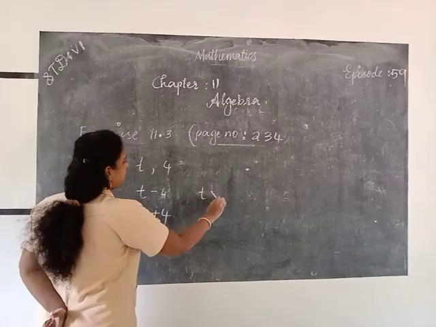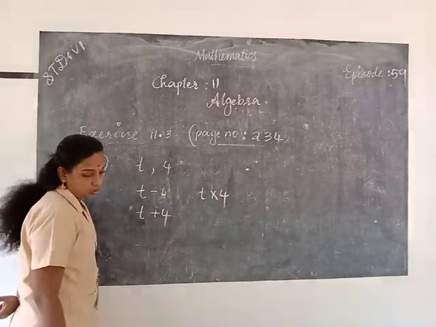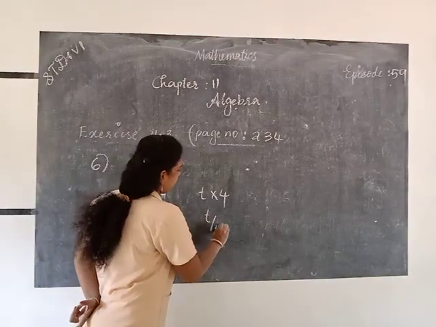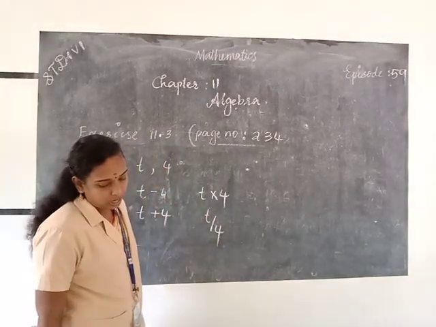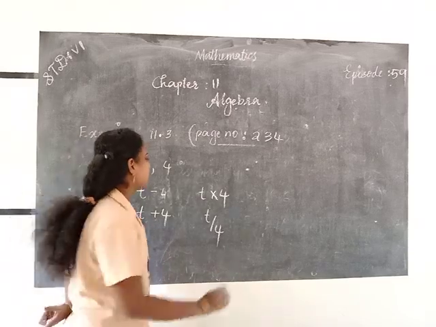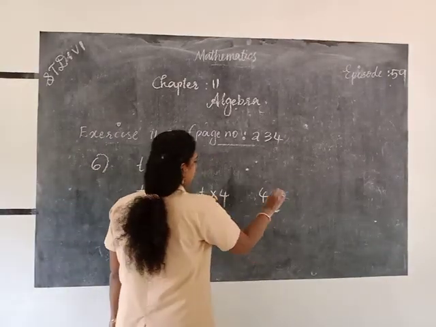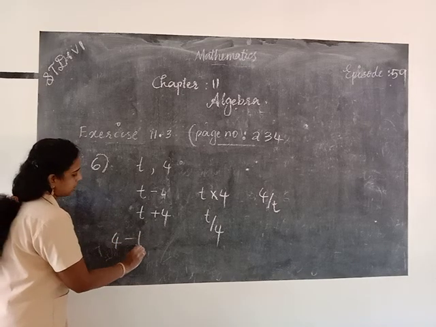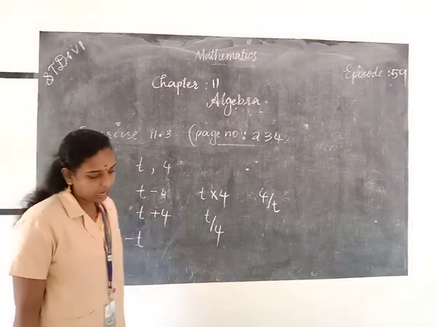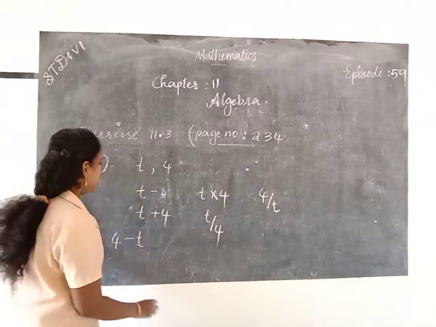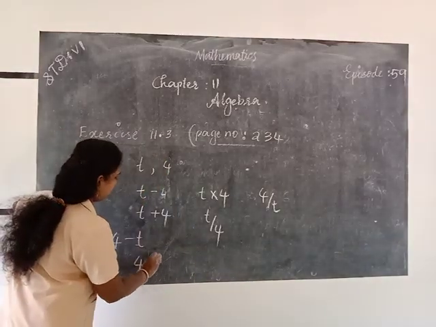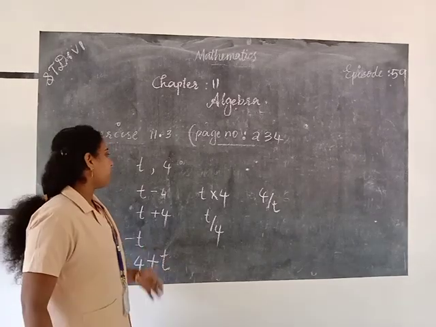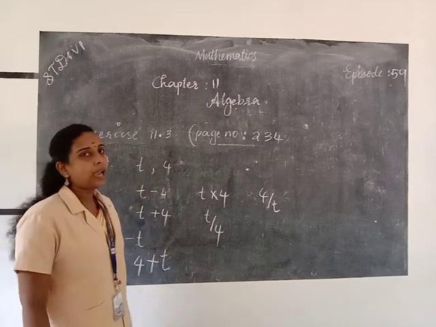Then 4 into t or t into 4. Then t is divided by 4, t by 4. Then 4 is divided by t, 4 by t. Then t is subtracted from 4, 4 minus t. Then t is added to 4, 4 plus t. So these are the expressions that we can make by using t and 4.